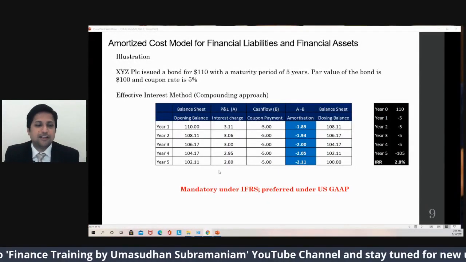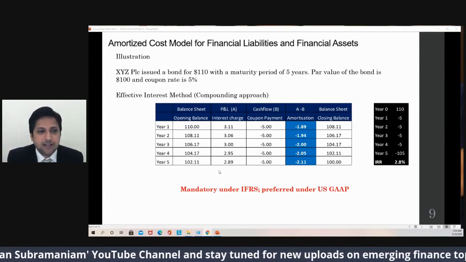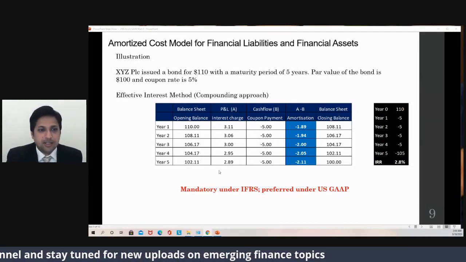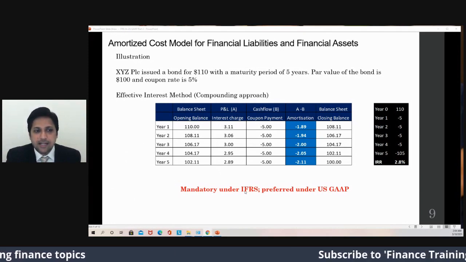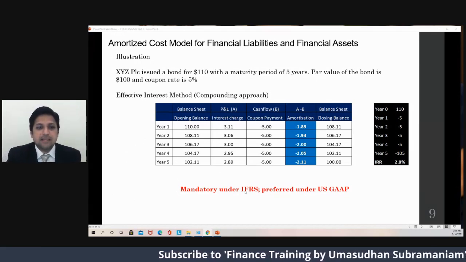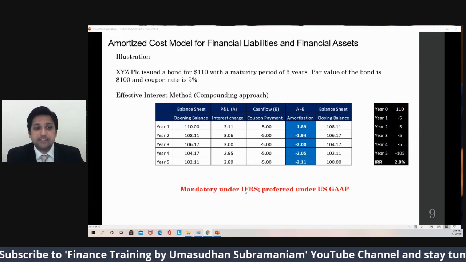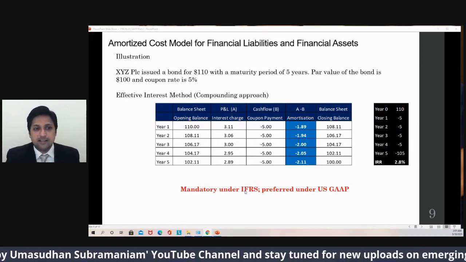We are going to look at an illustration to demonstrate the effective interest rate method used in the amortized cost model. Remember, the effective interest rate method is mandatory under IFRS and it is preferred under US GAAP, which would mean that a straight line method is permitted in US GAAP but not permitted in IFRS.